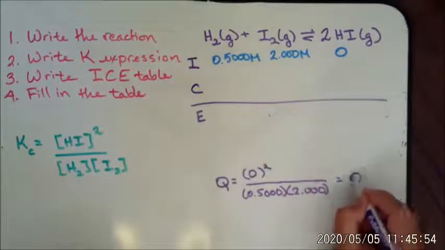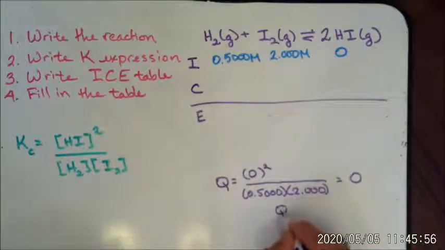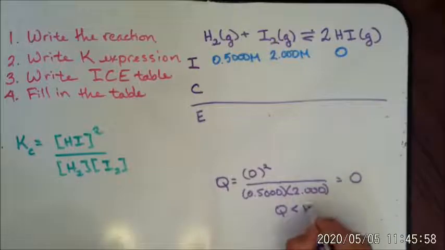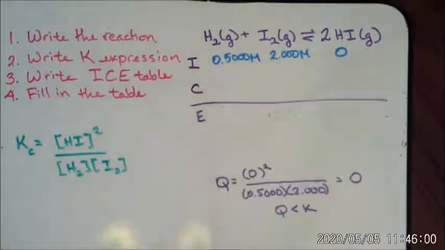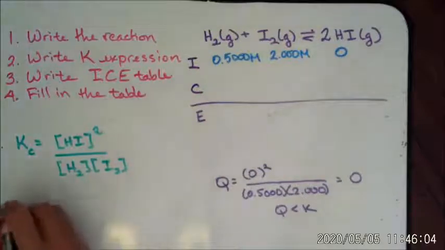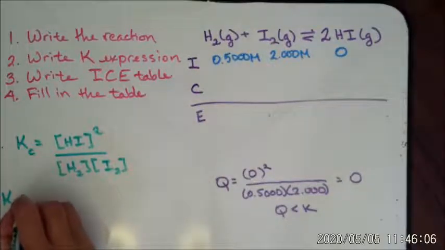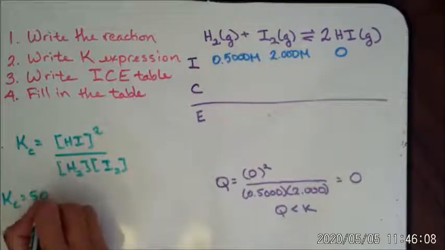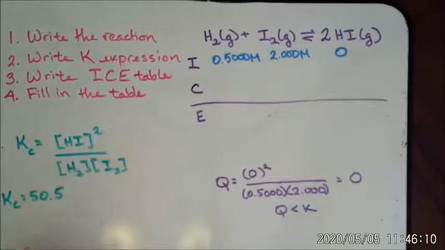Okay, so Q is 0. So Q is less than K. And K, remember we were given K. K is equal to 50.5. So, why is this important? That means we're going to lose reactant and gain product. That means my reaction goes to the right.